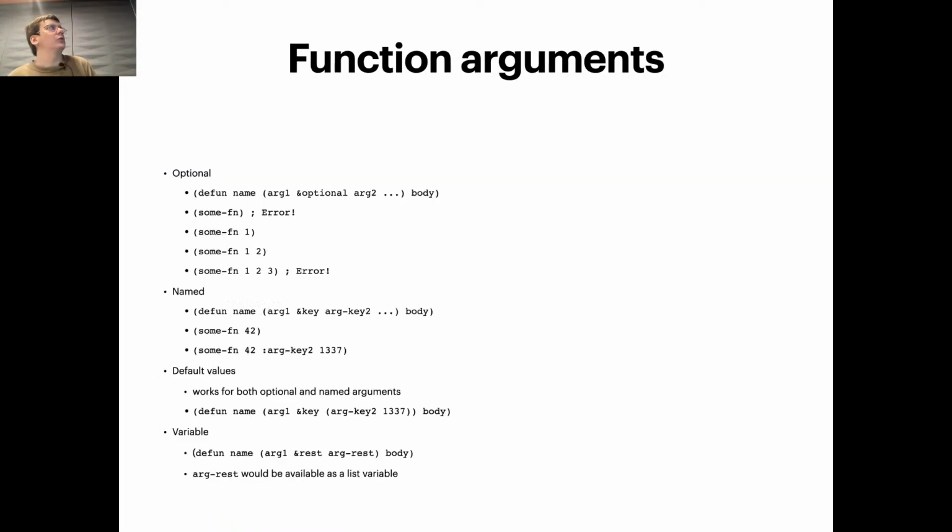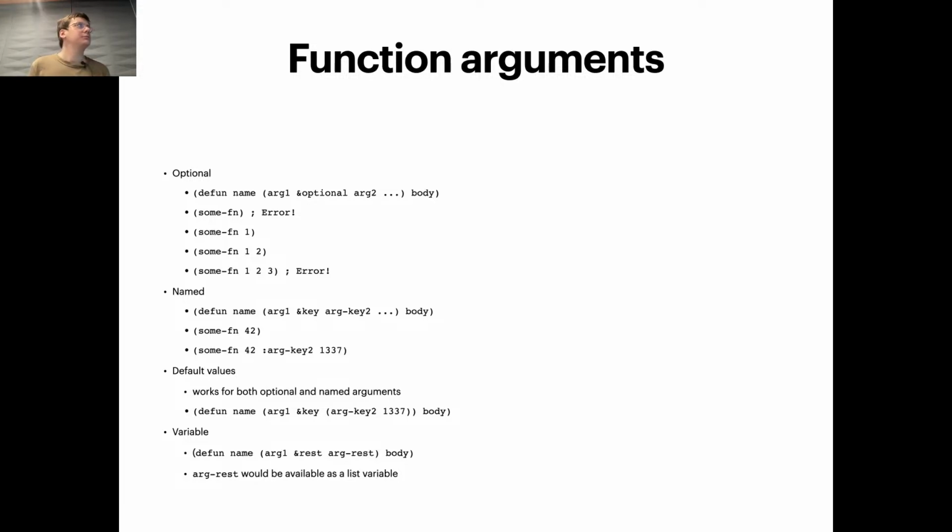So we can have more than this, we can have more kinds of arguments, more than just the required ones. We can have optional ones. When we define a function, we can put this symbol in our argument list called &optional, and then any arguments after that are optional.